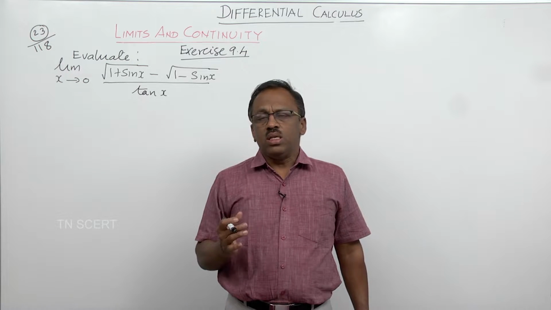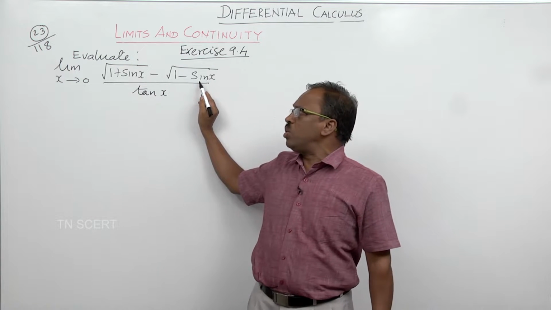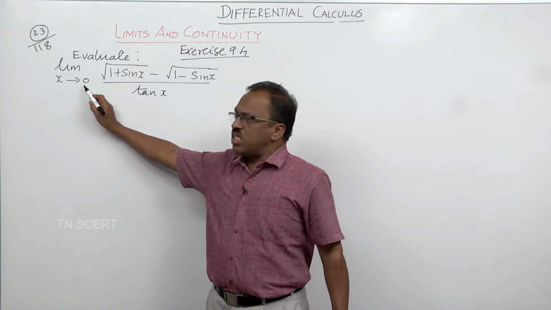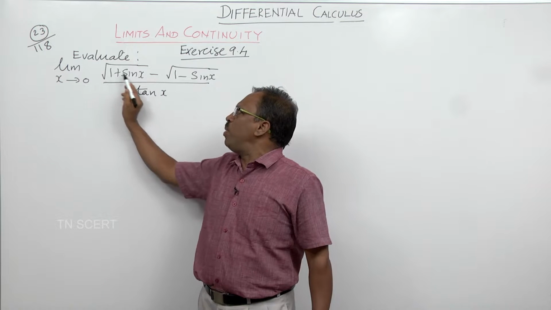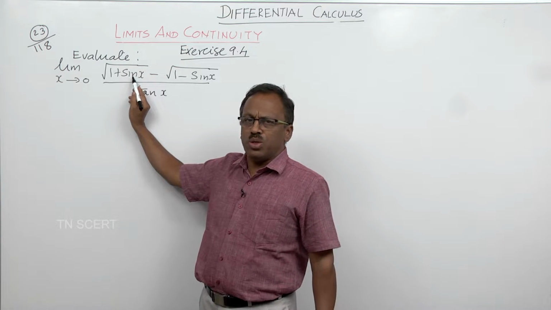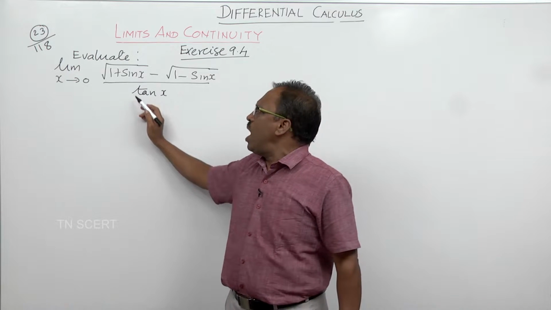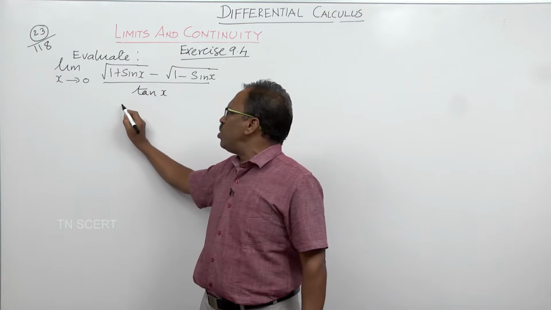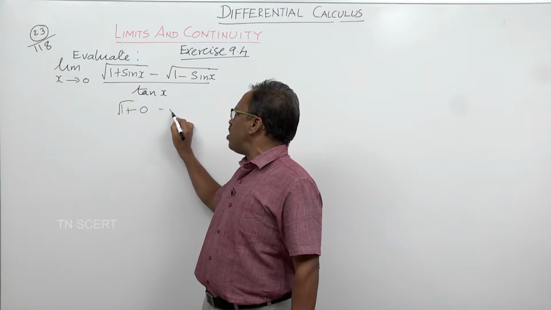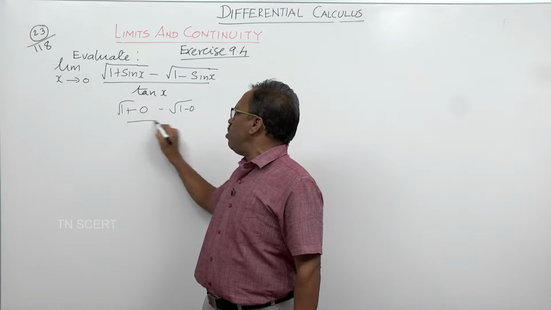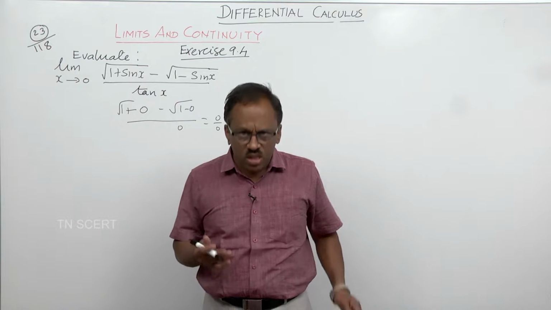See, here there is a root, and here also there is a root. If I apply the value of x here, 1 plus sin 0, and sin 0 is 0, tan 0 is 0, so the denominator is 0 and the numerator is square root of 1 plus 0 minus square root of 1 minus 0, that is 0 by 0, an indeterminate form.